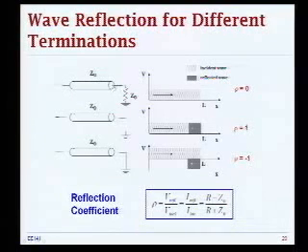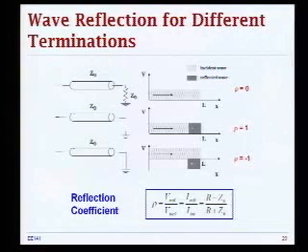At the destination end, we can have three different cases. We can have a matched termination, when we terminate the output with the equivalent resistance of the same value, or we can do another two extreme cases. We can assume that the output is an open circuit or that the output is shorted to ground.